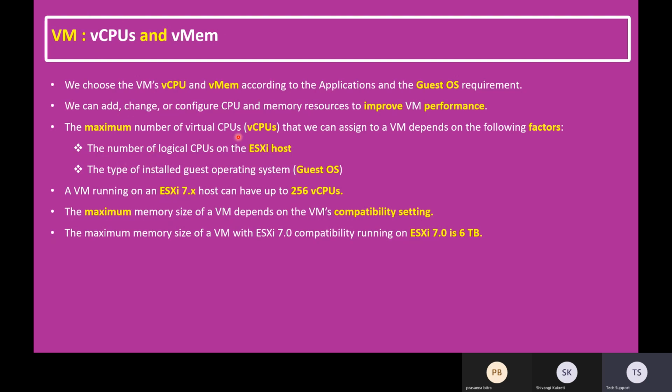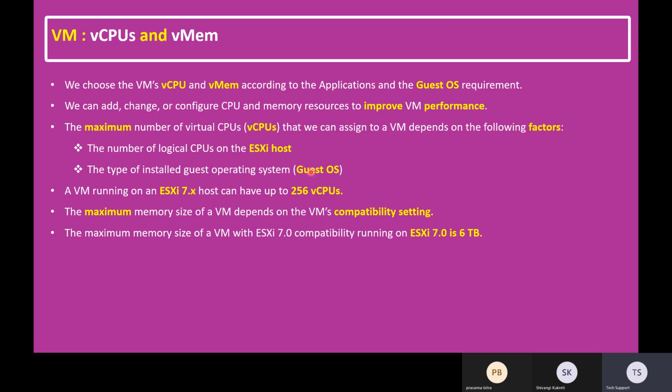The maximum number of virtual CPUs that can be assigned to a VM depends on the following factors. The first is the number of logical CPUs on the ESXi host. As we just discussed, based on the ESXi host's maximum CPUs only, we can assign CPUs to a guest OS virtual machine. The second is the type of installed guest OS; whatever types VMware gives by default, we can create based on that guest OS. The default OSs are Windows, Linux, Solaris, and we can use some other flavors also, like SUSE Linux and any of the Ubuntu flavors.